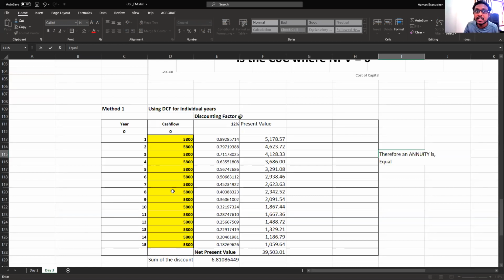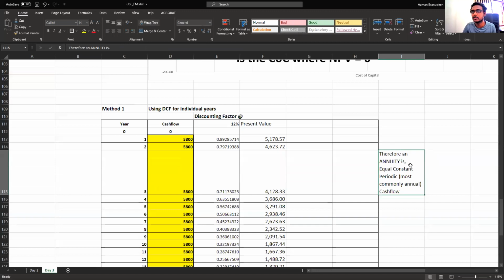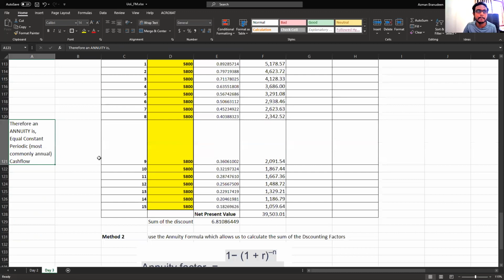If the cash flows are unequal, you won't have a common factor to multiply. Every year it's equal, and constant, correct. Periodic, most commonly annual. It has to be regular. Cash flow, it can be an inflow or an outflow, and that is what we mean by an annuity.